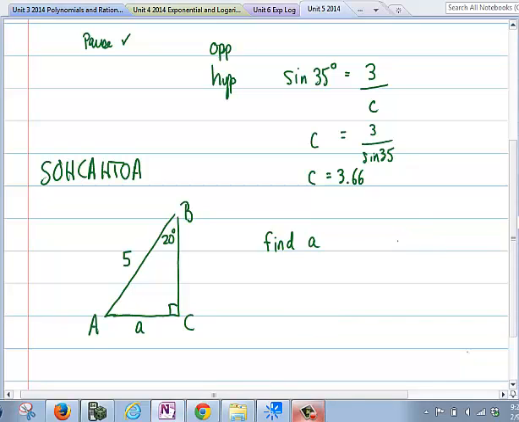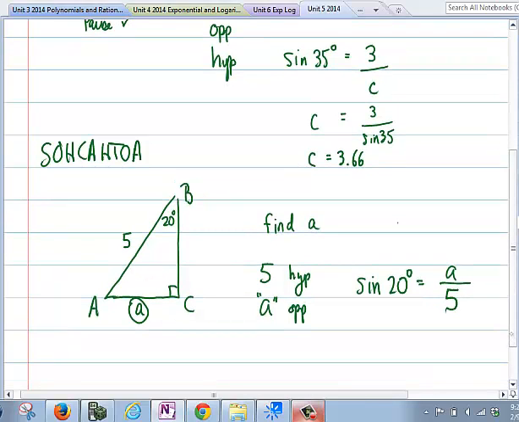Okay, so we're back, and we are going to examine. 5 is the hypotenuse. The side A is opposite. So again, we're using the trig ratio, that would be sine. So the sine, because that uses opposite and hypotenuse, of 20 degrees is equal to A over 5.